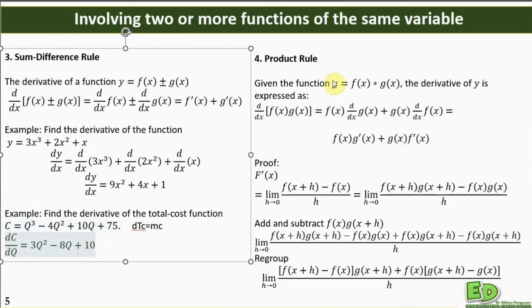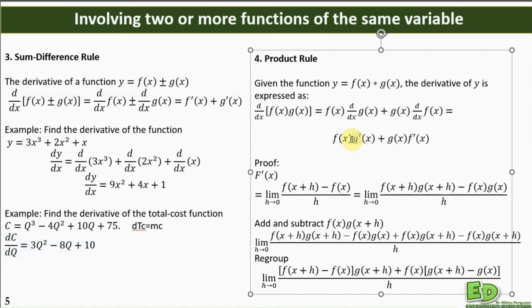Okay, so let's look at the fourth rule, which is called the product rule. The product rule is used when you have two terms multiplying each other. Given the function y is equal to f of x times g of x, the derivative is expressed as dy over dx is equal to f of x multiplying g prime of x, plus g of x multiplying f prime of x.